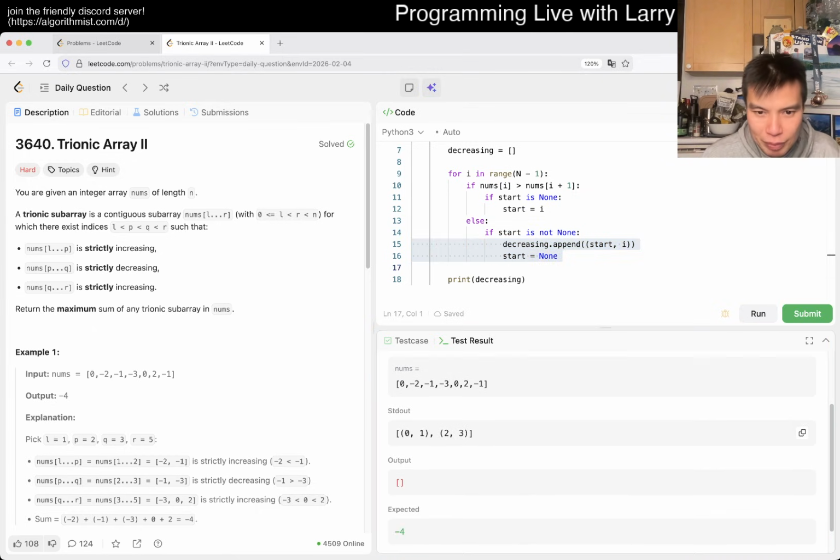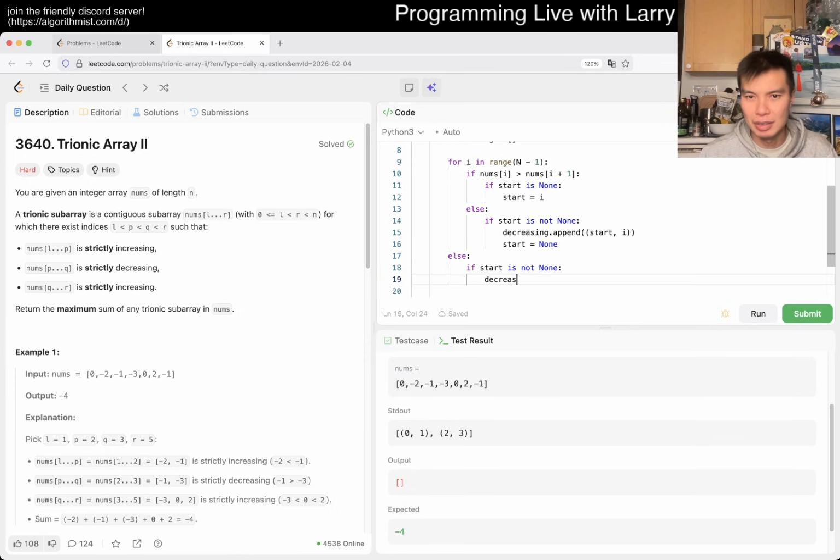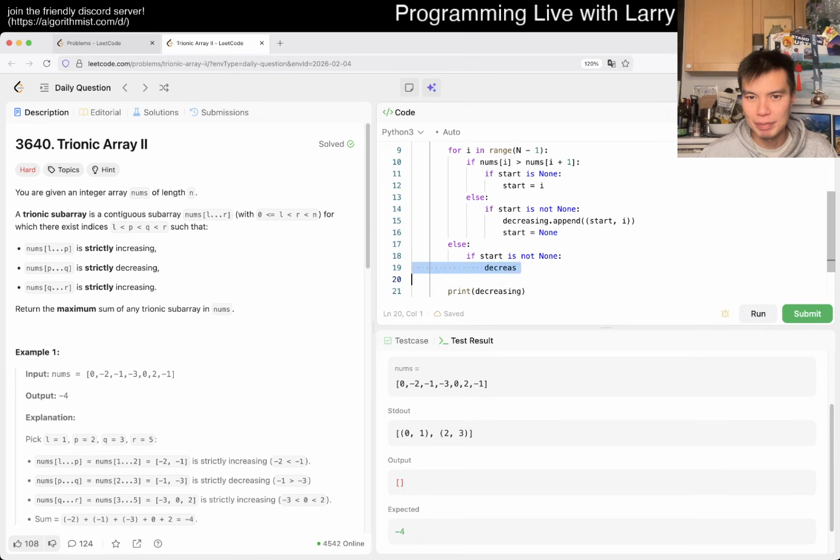Okay, 0, 1. So decreasing, that's right. And then 2, 3, this is decreasing, that's also right. Though the negative numbers are confusing, because I was like, -3 to 0, is that right? But here we also forgot to do the last one. So if start is not None, right?